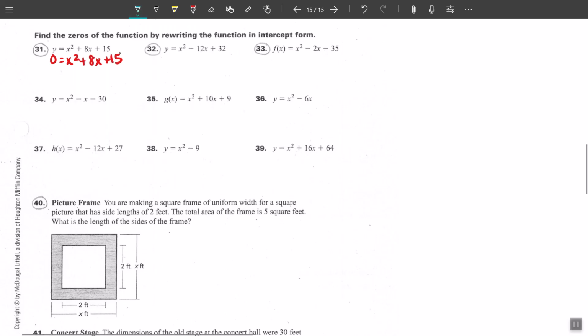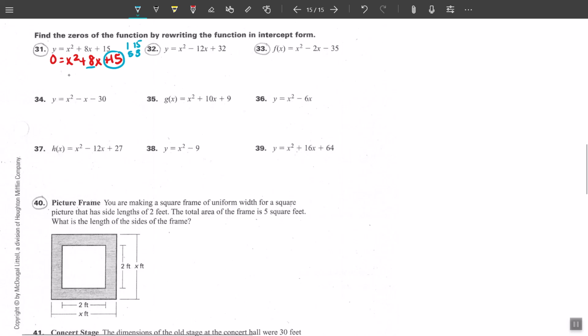We're going to find factors of 15 that add to that positive 8. So we've got 1 and 15 that we could use. We have 5 and 3 that we could possibly use. And so we can very quickly see that 5 and 3 is what we need, because we need to be able to combine in an adding form to get us 8.